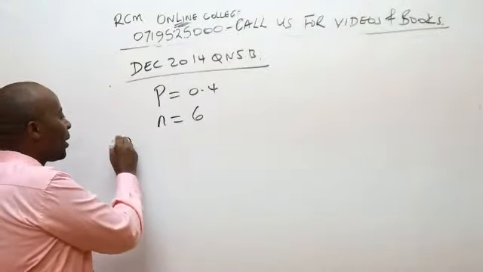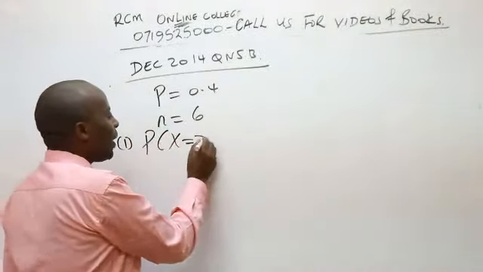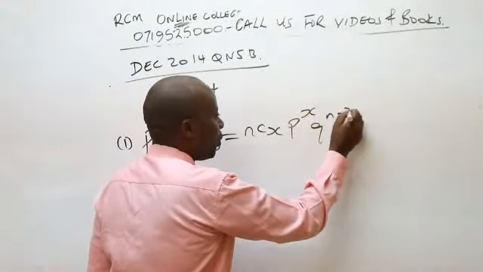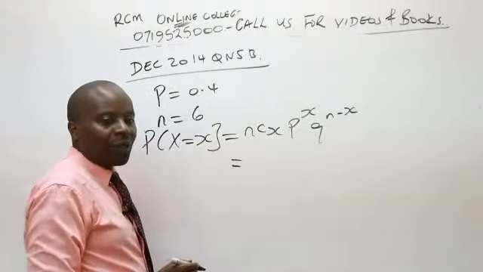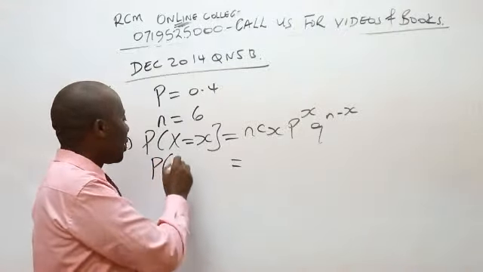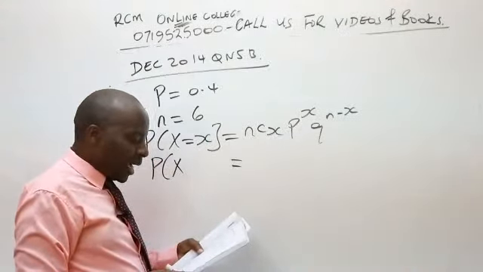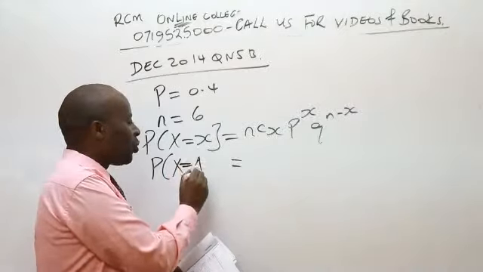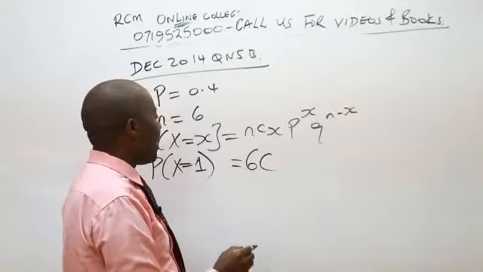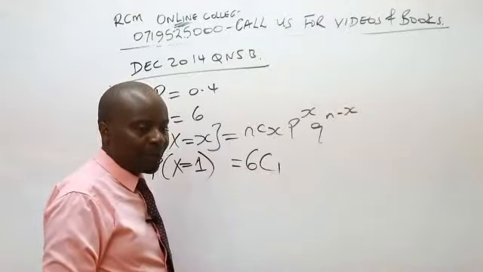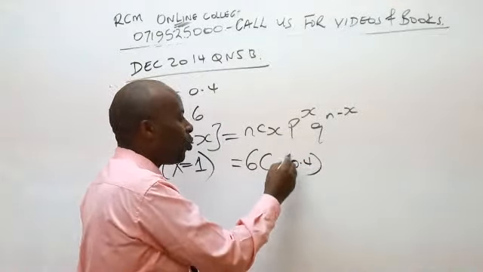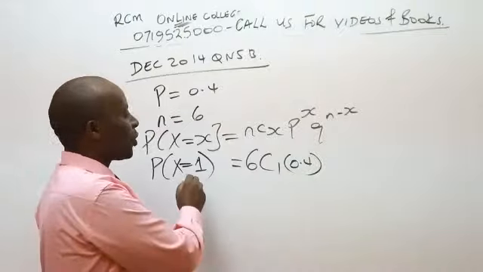So the binomial model, probability of X being equal to x, is n combinations x, p raised to x, q raised to n minus x. They want us to give the probability of X being exactly equal to 1. So our n is 6, 6 combinations 1, p is 0.4 raised to power x, which is 1.